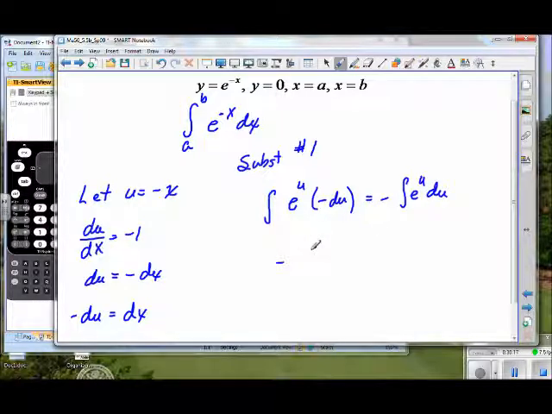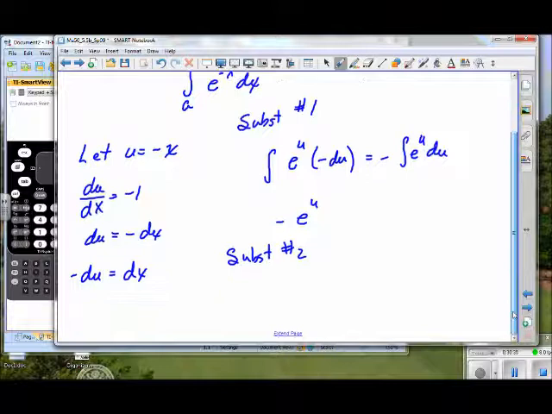We know that if we are looking for the function that's equivalent to e to the u, it would simply be e to the u. And we would now need to integrate from quantities here, but we're going to just make our second substitution. So we'll do our second substitution, and we end up then with negative e to the negative x power, and now we're going to integrate from a to b.